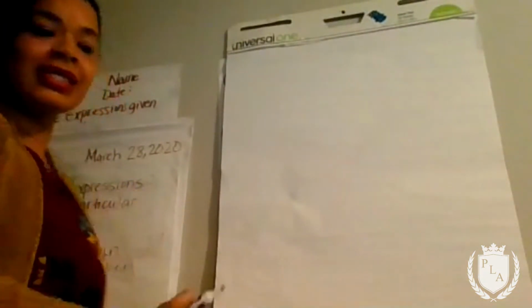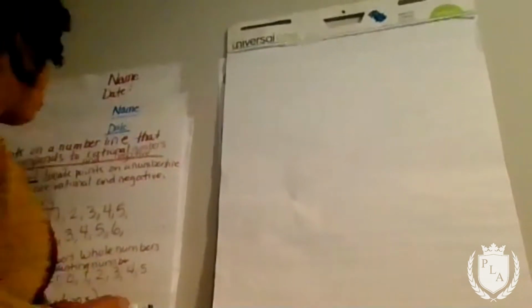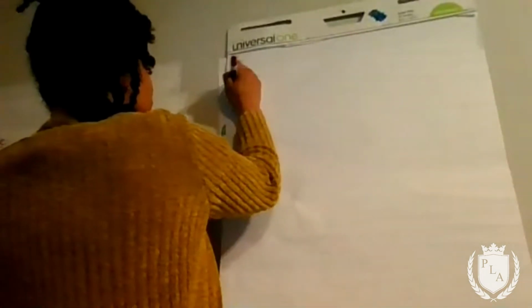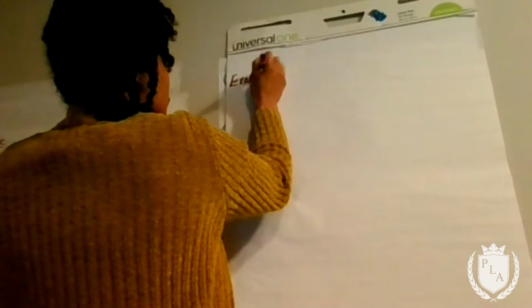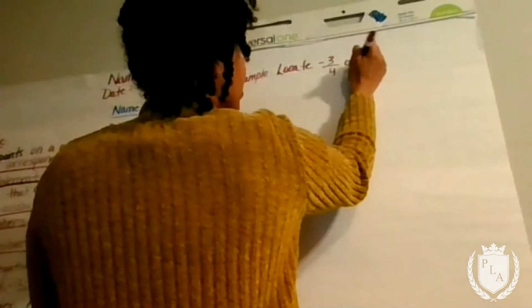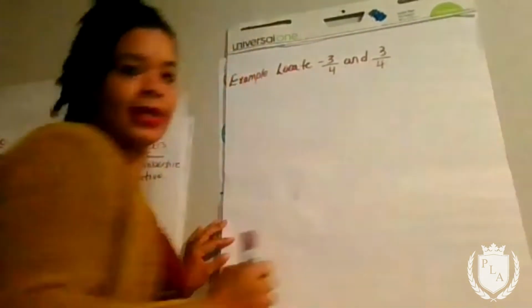So now, remember our I can statement? Our I can statement is to locate points on a number line that are rational and negative, okay? So our first example is we're going to find, or plot, we're going to locate -3/4 and +3/4, okay?